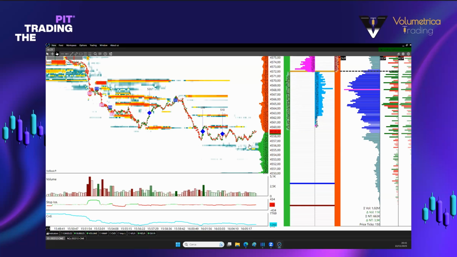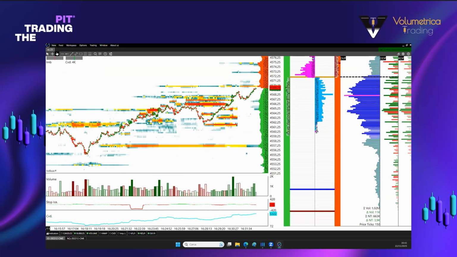Now, I have a question, sorry: is it possible to tell the difference between human and algo orders? Yes, definitely. That's one way to actually detect algo orders being in play.